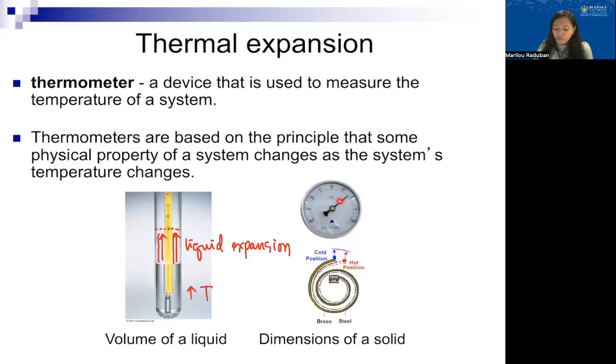The movement of this arrow is because of the expansion of a metal coil inside as a result of the increasing temperature. Decreasing the temperature will of course cause the metal to contract, and contracting the metal will move the arrow in the anti-clockwise direction, giving a lower temperature reading. Okay, so thermal expansion is quite an important concept.